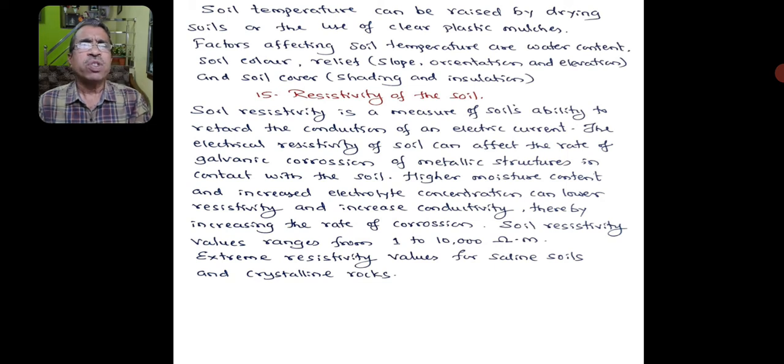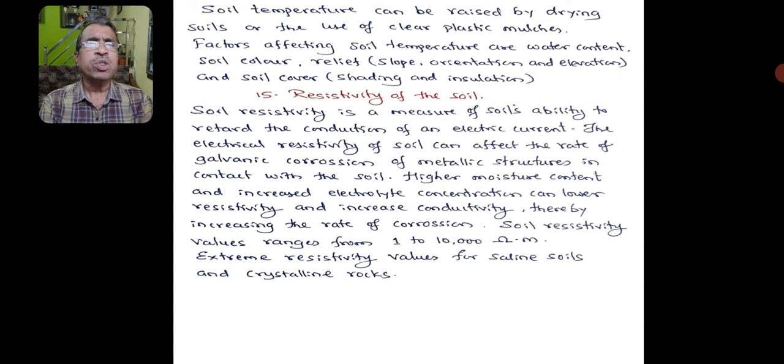Many times we have seen in the field that the plants are covered above with plastics, known as mulches. That increases the temperature so that the germination becomes fast.